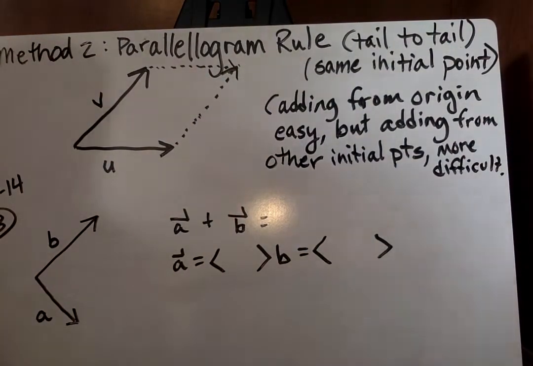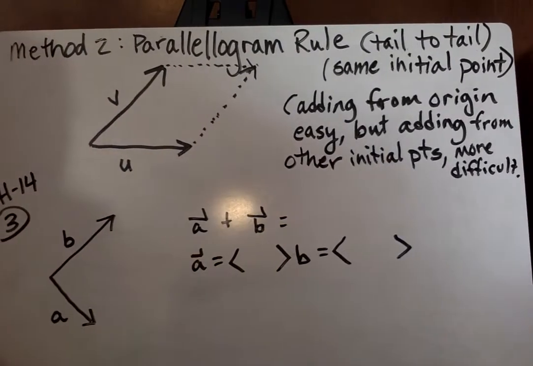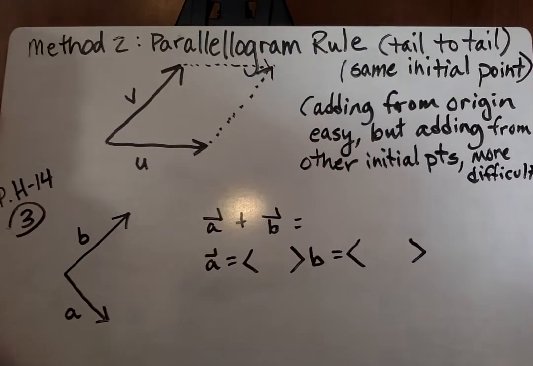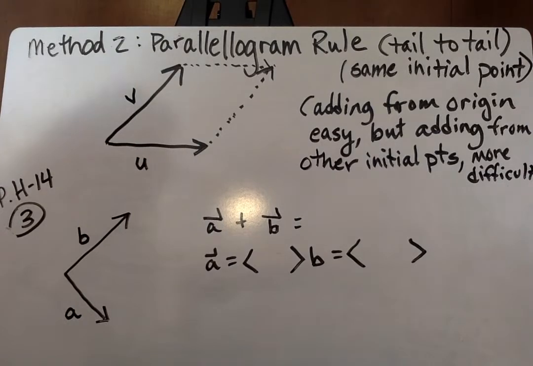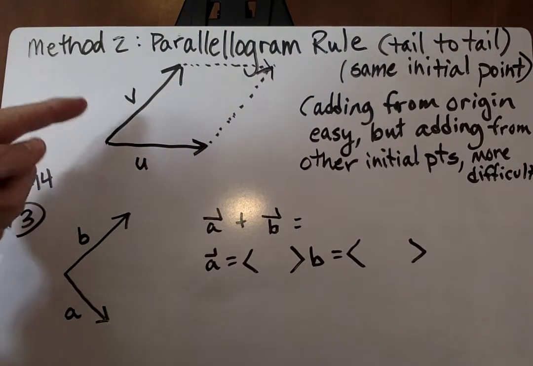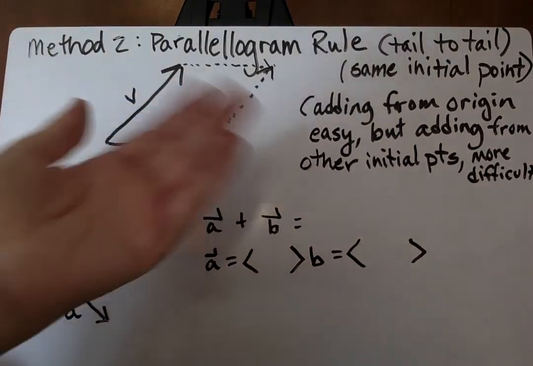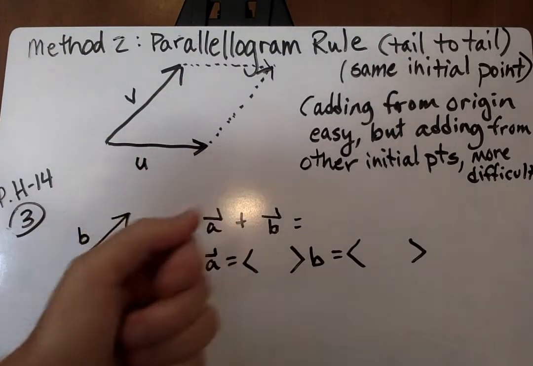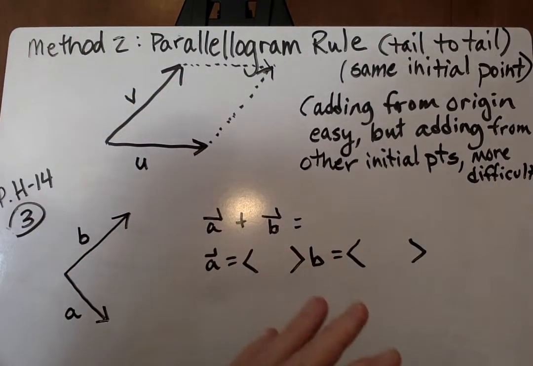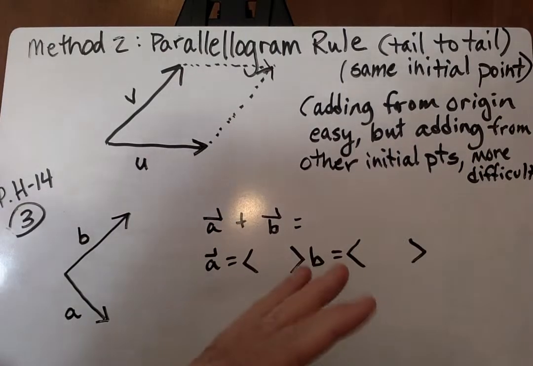Method 2. Parallelogram rule, tail to tail. This is when they have the same initial point, okay? So adding from the origin is easy, but adding from other initial points is more difficult, and I'll give you a couple of examples of those.